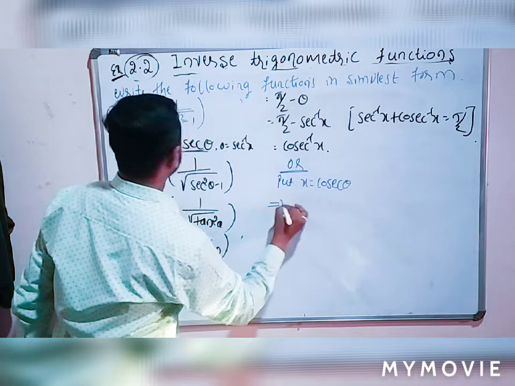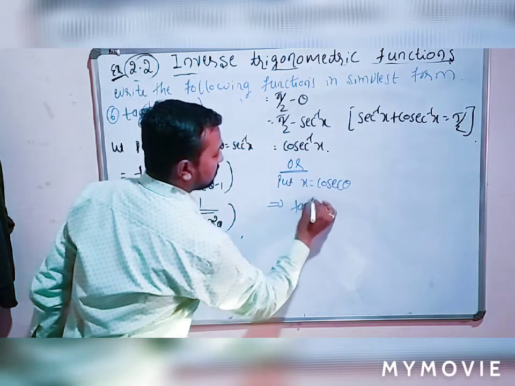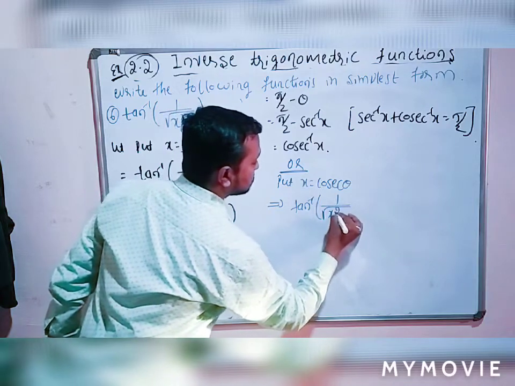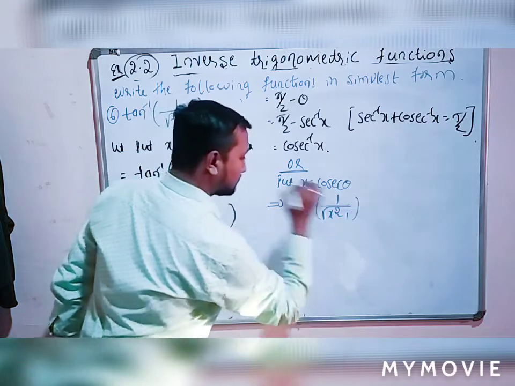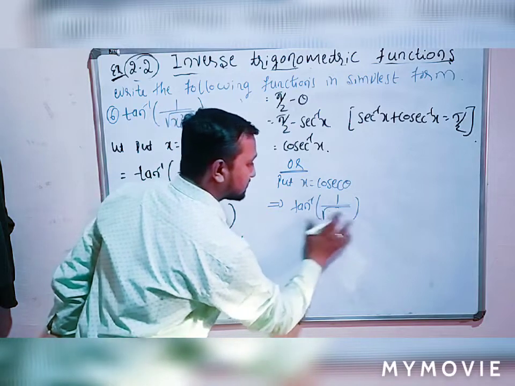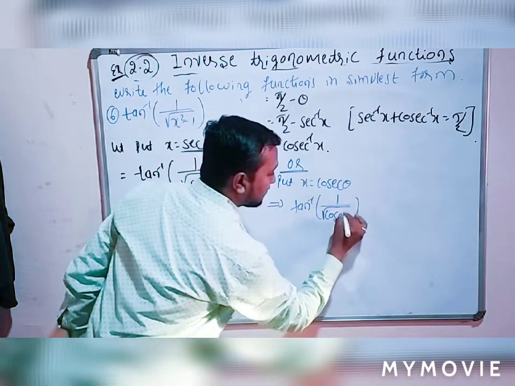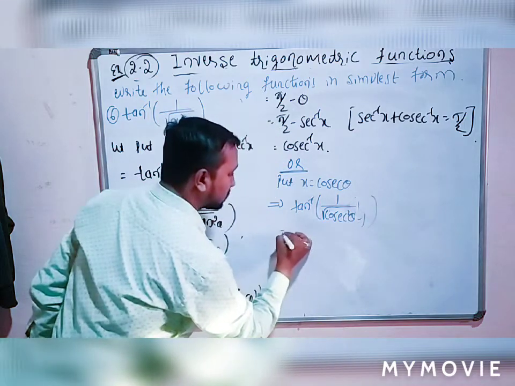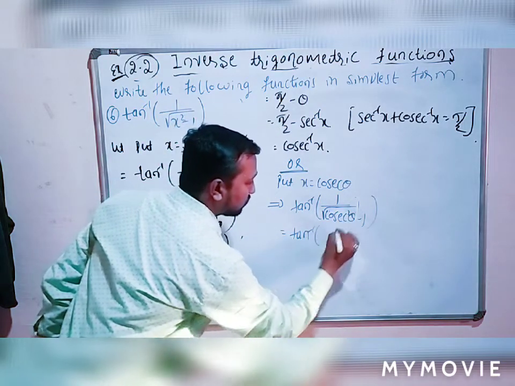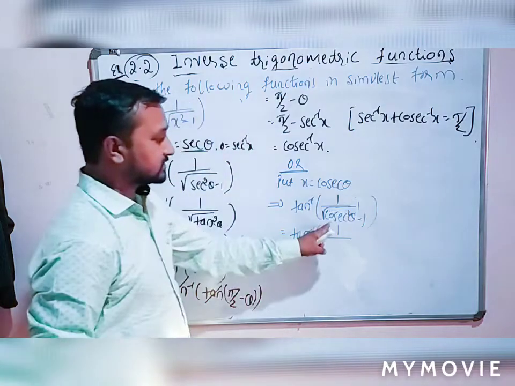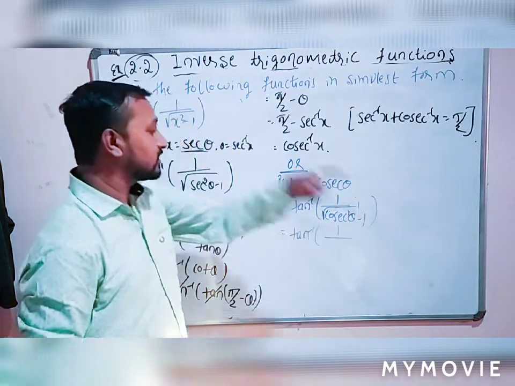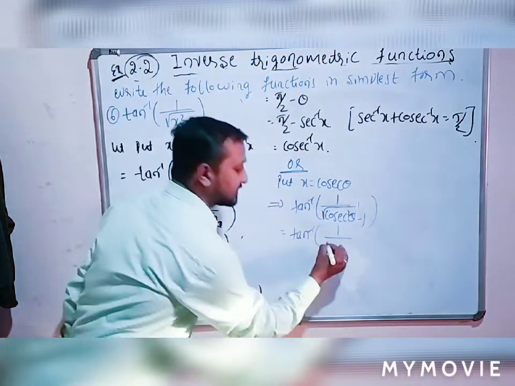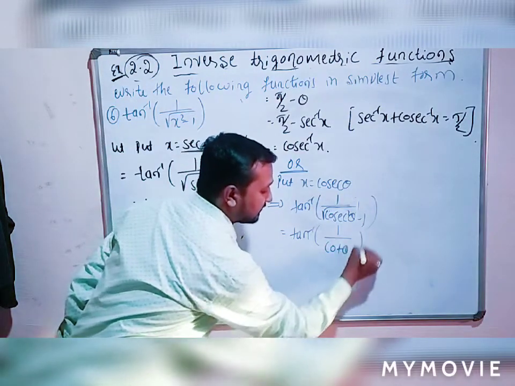Then tan inverse of 1 divided by root of x square minus 1. Put x equal to cosec theta, so it is cosec square theta minus 1. That is equal to tan inverse of 1 divided by root of cosec square theta minus 1, which is nothing but cot square theta. Square and root get cancelled, remaining term is cot theta.